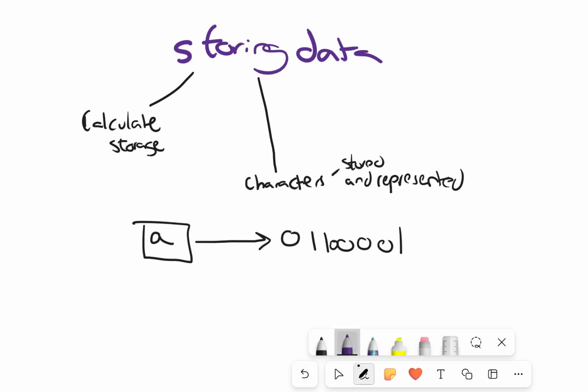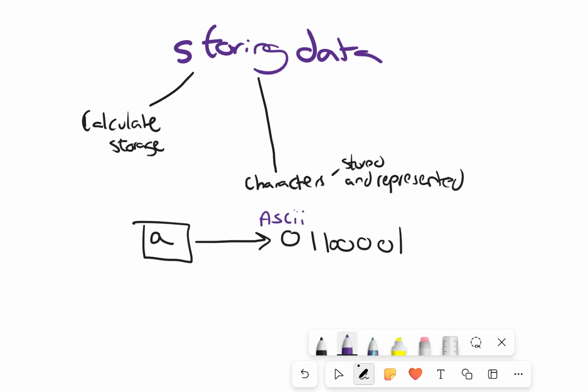This is so that the computer can actually store it in a format which is capable, because computers can only store things as binary. So it has to turn this A into what we have right now, this binary number, and we call that an ASCII value.